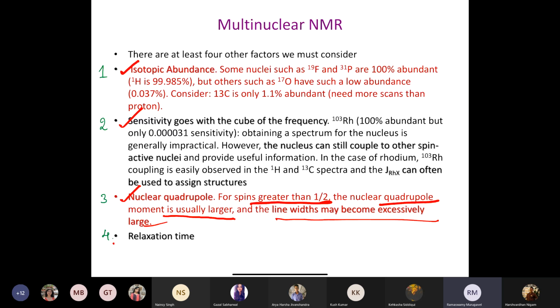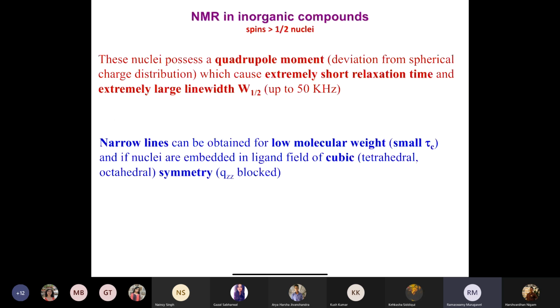Okay. So now, the nuclei which possess a quadrupole moment, quadrupole is nothing but you don't have spherical symmetry for the charges. The charge distribution is now elliptical. So quadrupole is the right term. I can say it loosely as elliptical. So it's far from spherical symmetry.